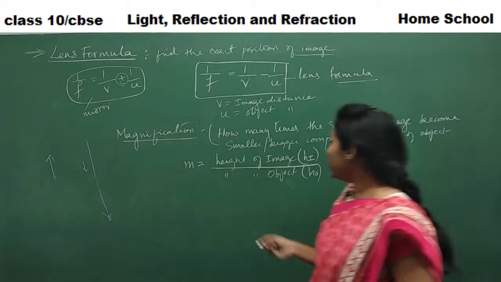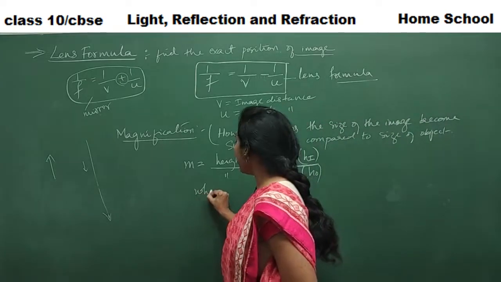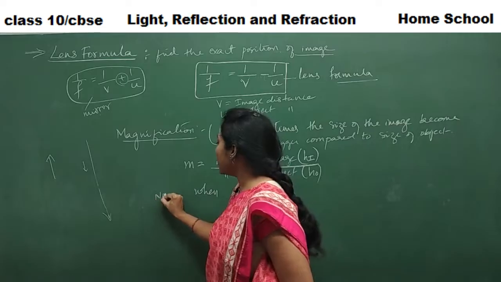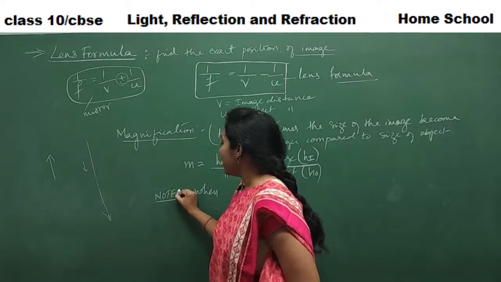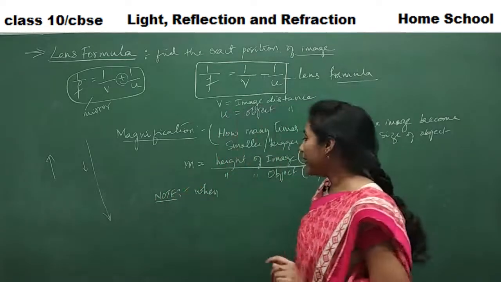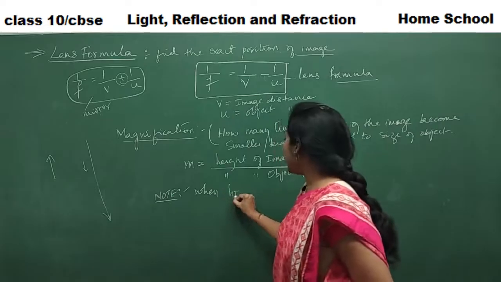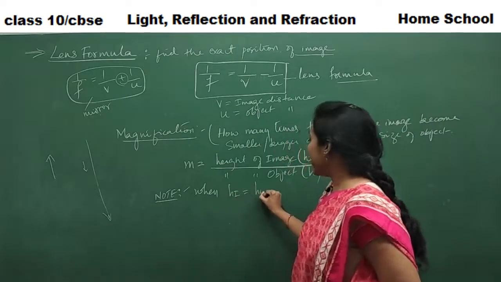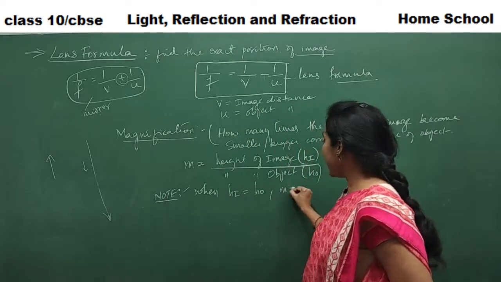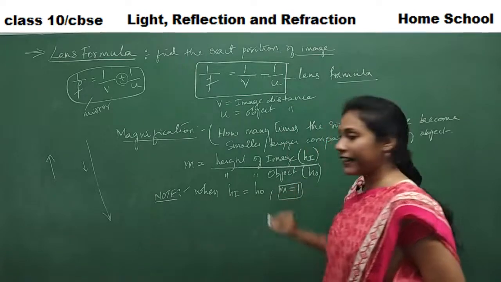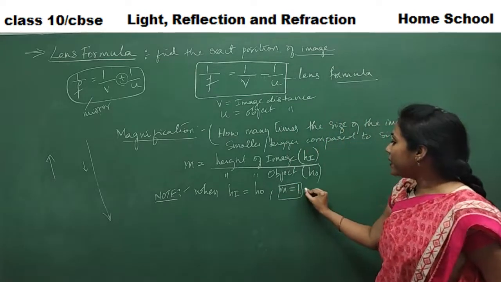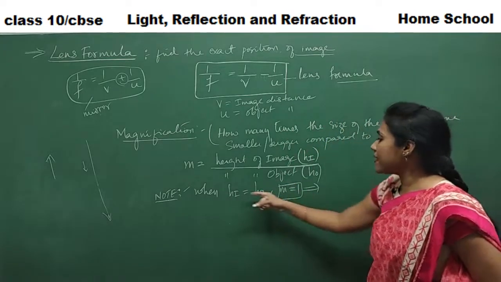There are certain notes that have to be remembered. When HI becomes equal to HO, then the M value will be equal to 1. When M is equal to 1, what does this mean?